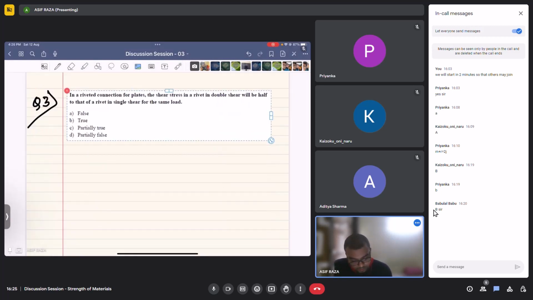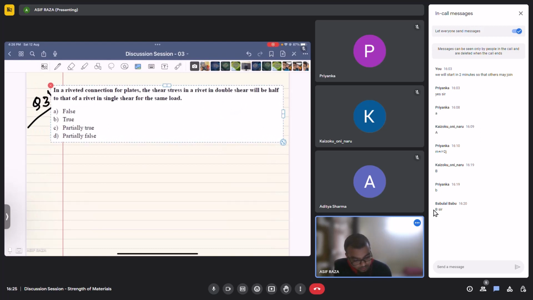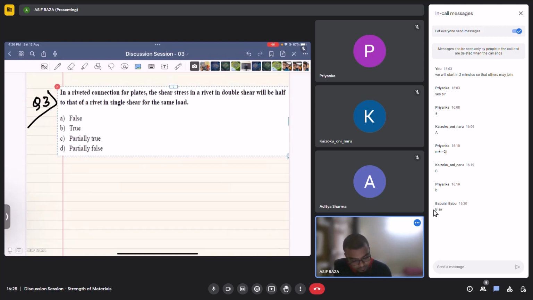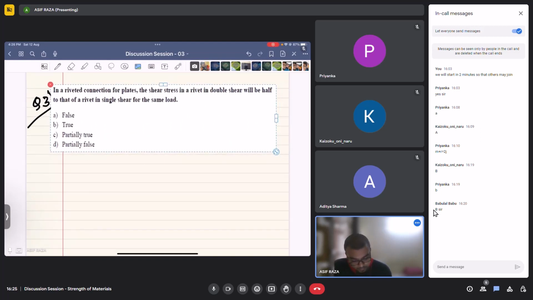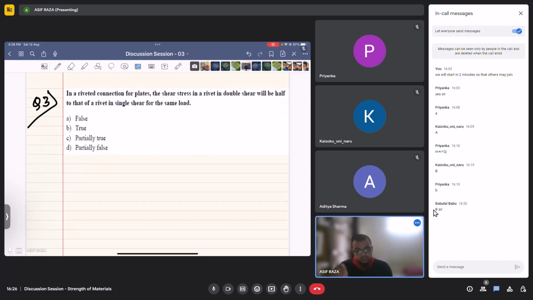The next question is: in a riveted connection for plates, the shear stress in a rivet in double shear will be half to that of a rivet in single shear for the same load.